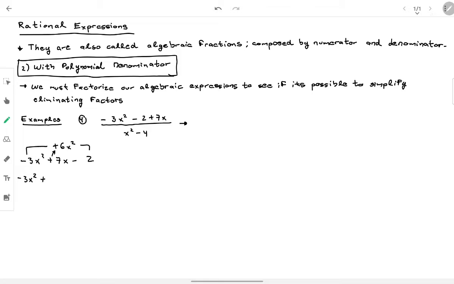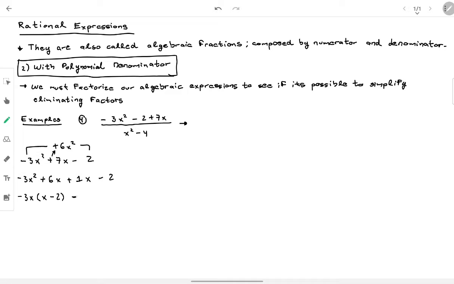x minus 2. Two numbers that when added give 7, and when multiplied give 6x squared. It's going to be 6x and 1x. So this one is going to be minus 3x that multiplies x minus 2.